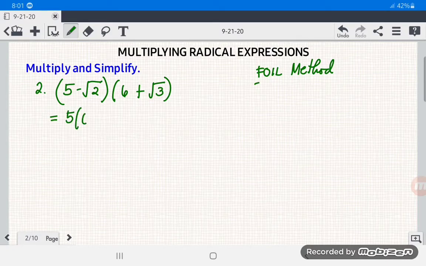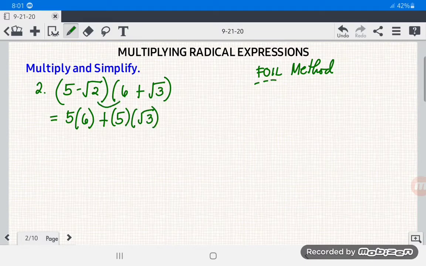Let us write it for you to understand it well. Then O stands for the outer terms, so we have 5 times square root of 3. The numerical coefficient here is 1. Since 5 is a whole number, you multiply 5 times 1, that is 5. So plus 5 times square root of 3.